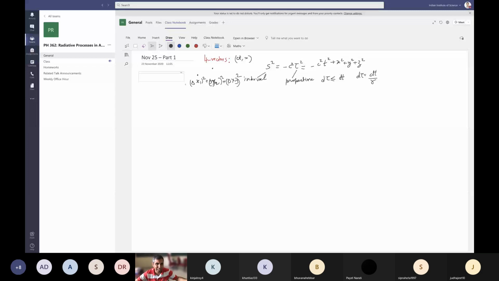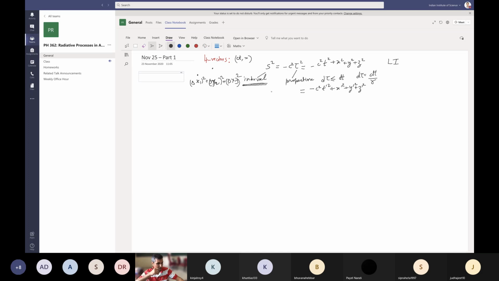So in 3D space, when you do rotations and reflections and translations, the distance between 2 points is an invariant. Here, this interval is an invariant. This is a Lorentz invariant. Okay, and our Lorentz transformations are constructed such that this is equal to minus c squared t prime squared plus x prime squared plus y prime squared plus z prime squared.